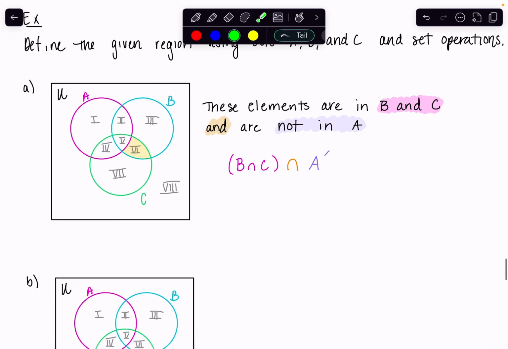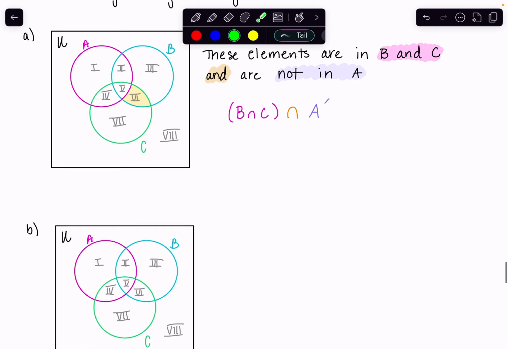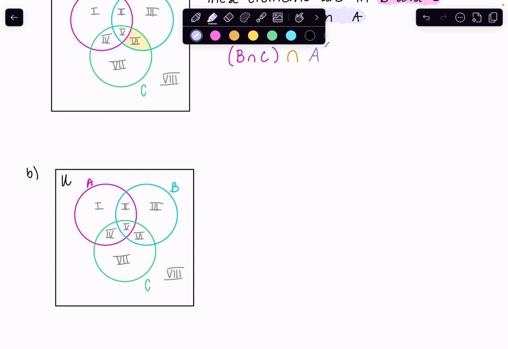Right. So let's try a second one of these. Let's figure out how I can talk about the stuff that is unique to one region. And we'll just do A. Okay. So if I think about these elements, they are in A for sure.